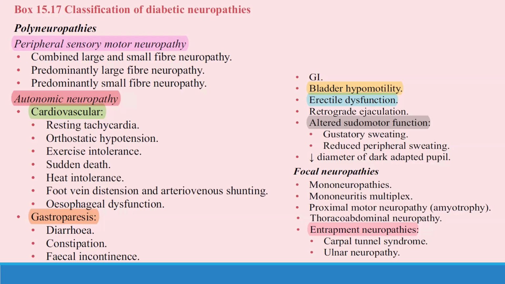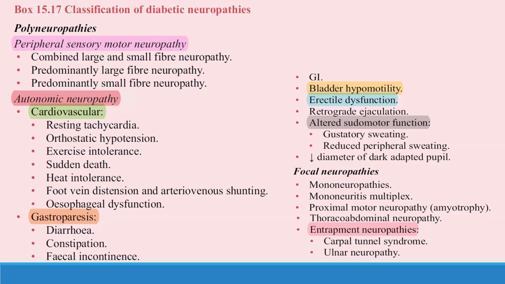Polyneuropathy: the most common is peripheral sensory motor neuropathy. It is combined with large and small fiber neuropathy, predominantly large fiber or predominantly small fiber, and I will cover this later. Autonomic neuropathy, like cardiovascular autonomic neuropathy, resting tachycardia or orthostatic hypotension, sudden death, gastroparesis, and may present with diarrhea or constipation, bladder hypomotility, and erectile dysfunction.